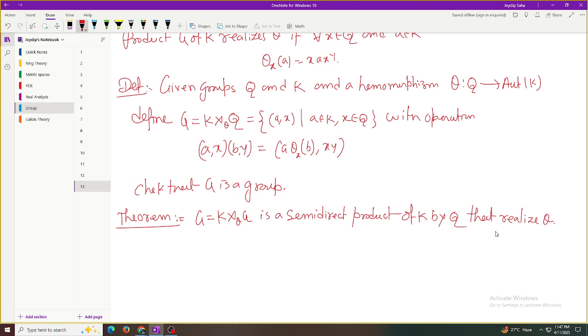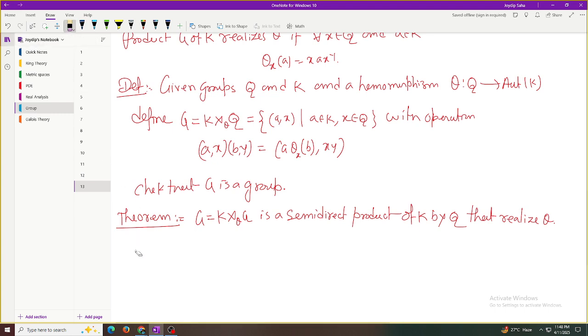This is the last theorem about this semi-direct product. Okay, and the converse part is also true. That was the last theorem.